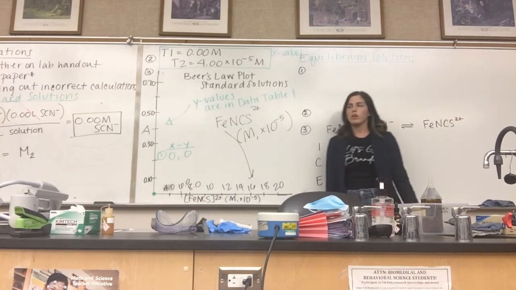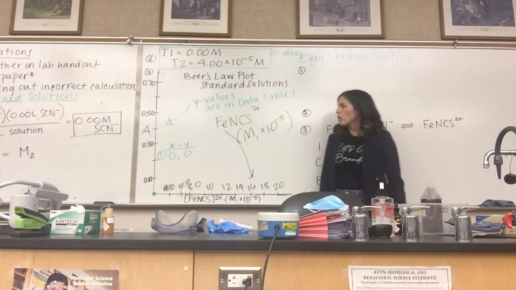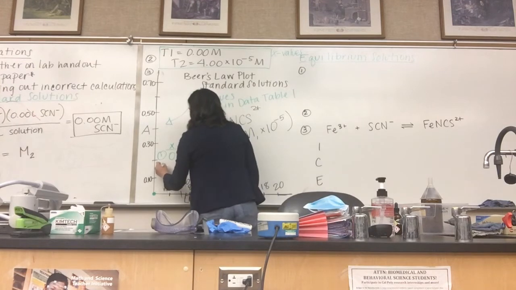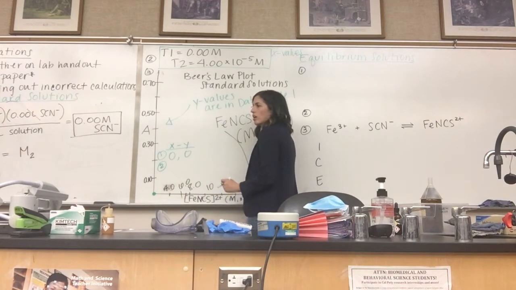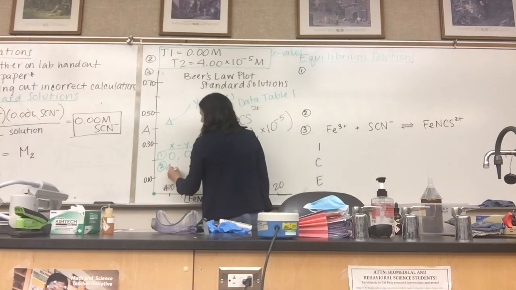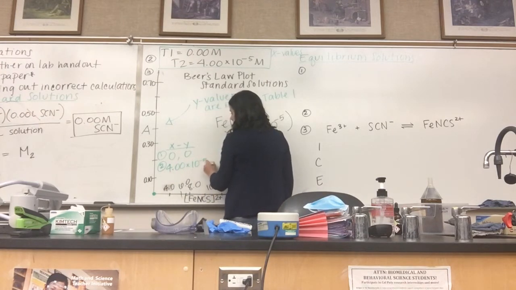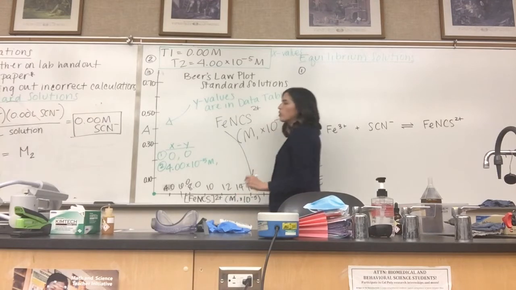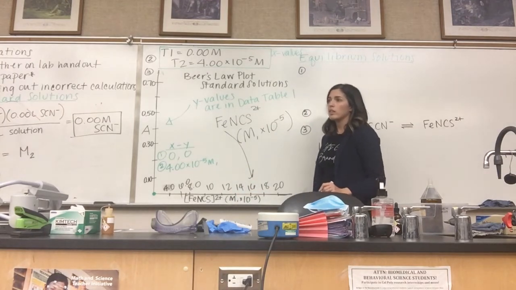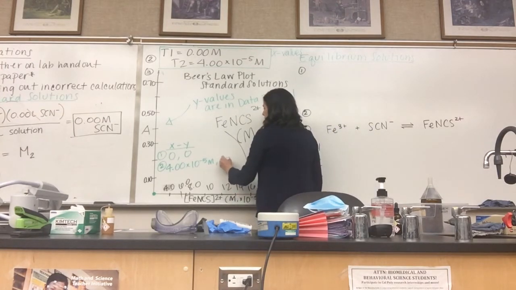which means you have a dot right here, right? That's 0, 0. What's your second X value? So second X value is 4.00 times 10 to the negative 5. And the corresponding Y value is? Say it real loud. 0.145.